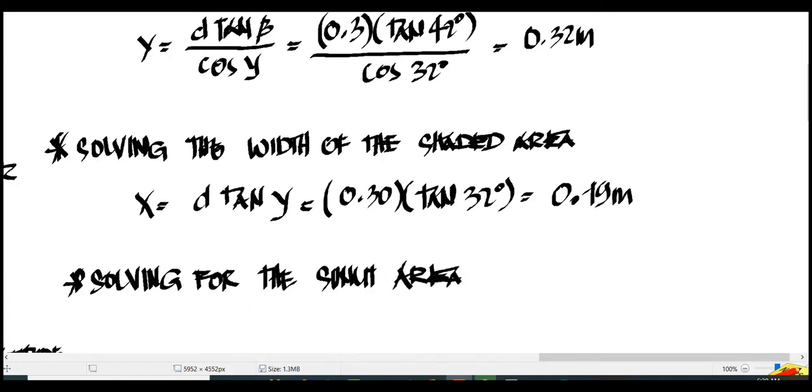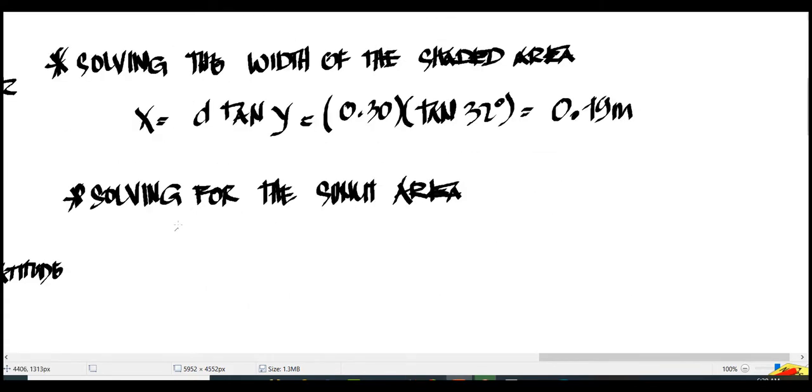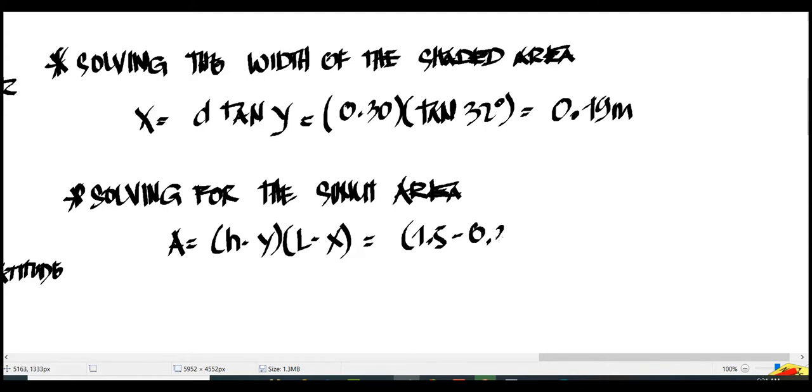Now solving for the sunlit area, using the equation from earlier, that will be (H minus y) times (L minus x). Substituting the values, we have (1.5 minus 0.32) multiplied by (2.4 minus 0.19), which gives 2.61 square meters.